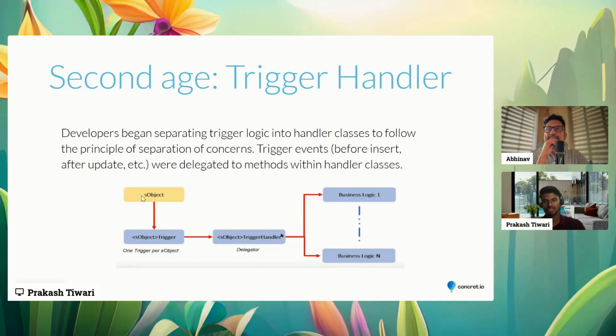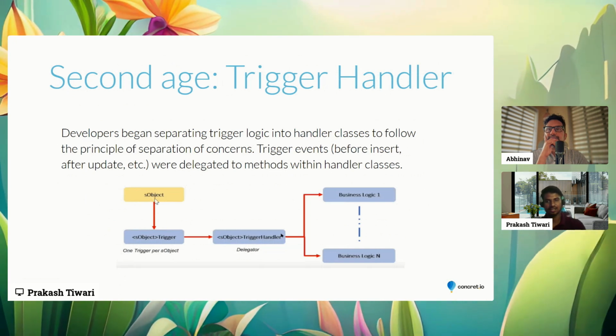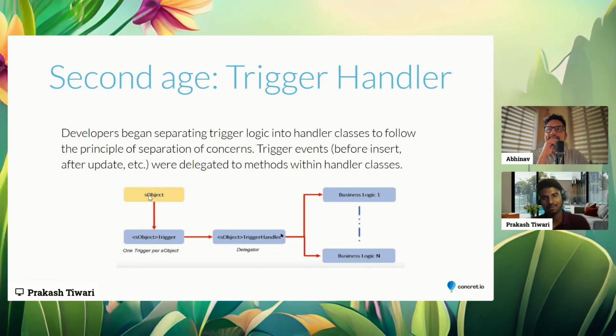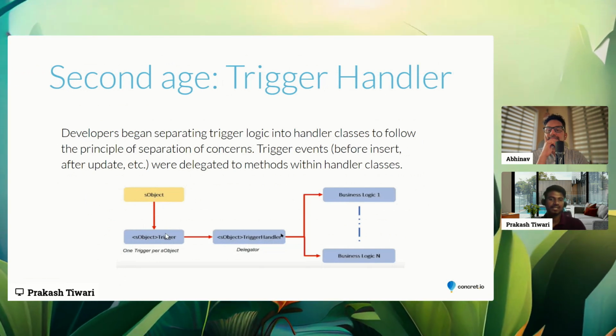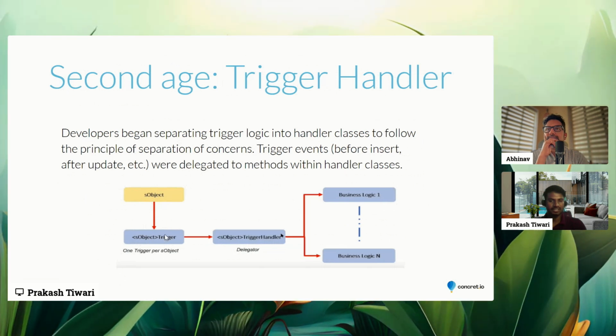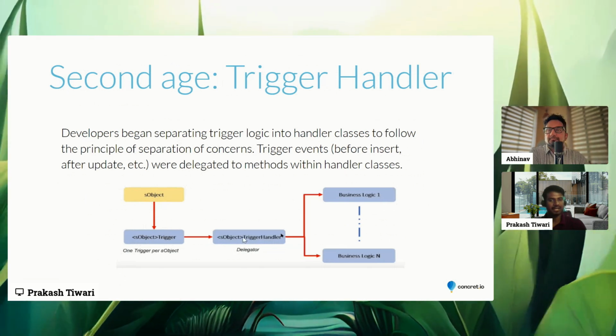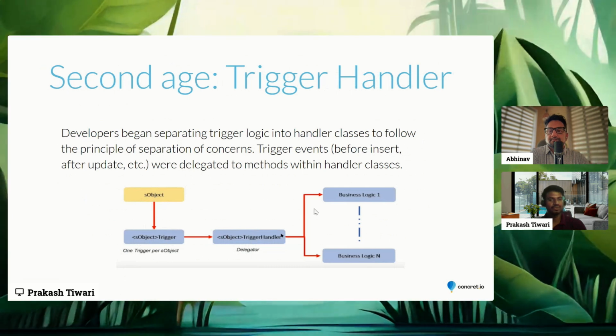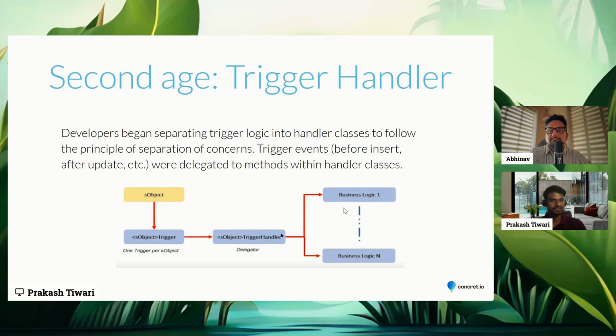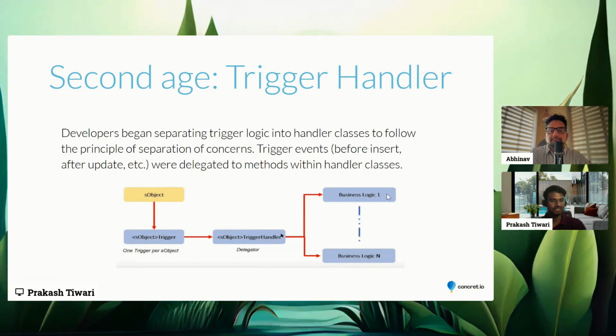Let's see the diagram as well. We have an sObject, and on the sObject we have a trigger, and that trigger calls a handler method, and the handler is responsible for having multiple methods which do the business logic.